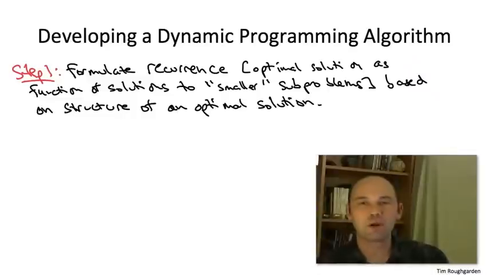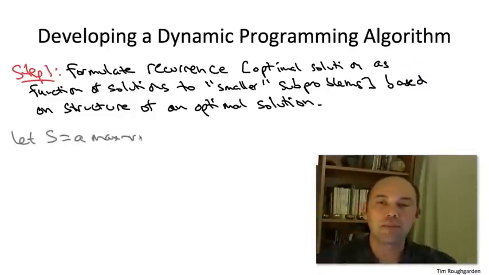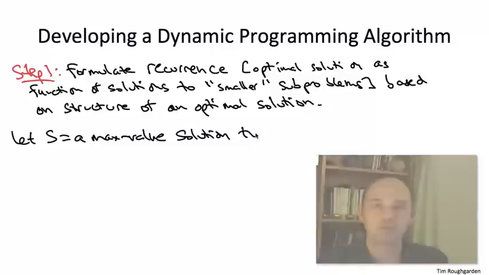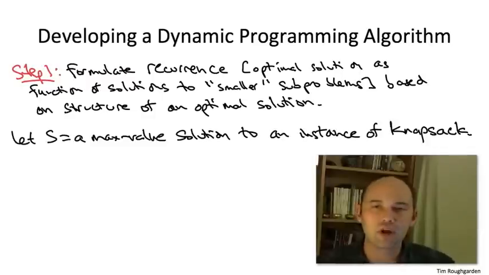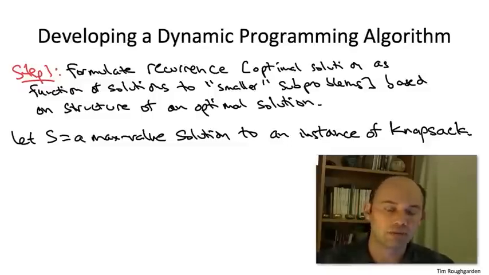So to begin the thought experiment, fix an instance of knapsack and let capital S denote an optimal solution, a max value solution. We began our previous thought experiment with the content-free statement that the final vertex of a path is either in the optimal solution or it's not. Now, what is the analog of the rightmost vertex in this knapsack problem?